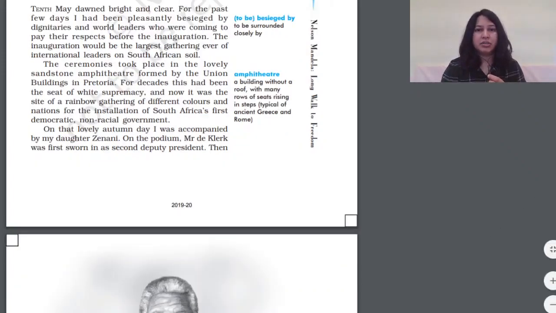The inauguration would be the largest gathering ever of international leaders on South African soil.